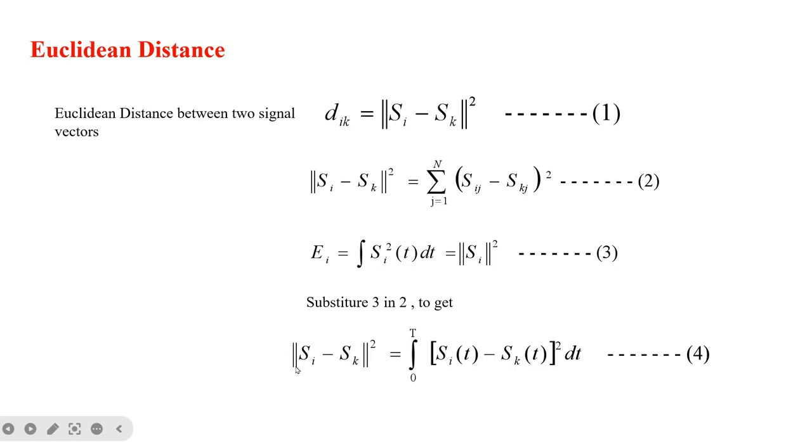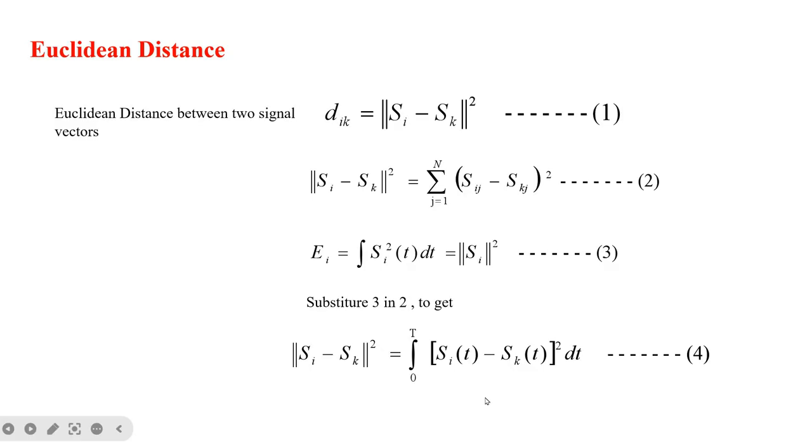That is the square length of the difference between these two signal vectors, Si minus Sk. It can be written as the integration from 0 to T of (Si(t) − Sk(t))² dt. We'll take this as equation number 4.